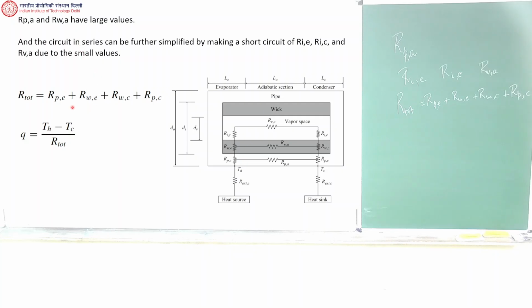But why are we saying RPE is significant, RWE is significant? Okay, so RPA we are saying is large, correct? But what about RPE and RWE and RPC and RWC? These we are keeping, right?